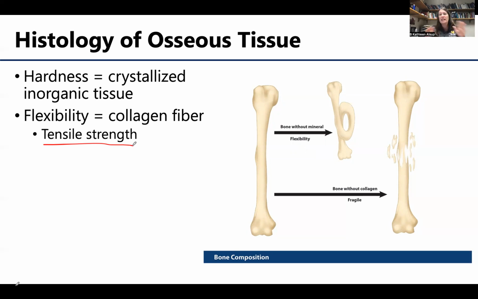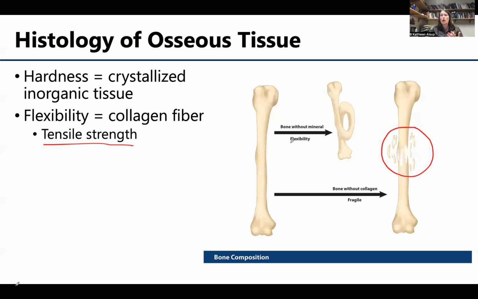If you don't have the proper amount of the organic material, you can have what's referred to as brittle bone. And that is much more likely to shatter or have certain fractures associated with it. So if you don't have enough collagen fibers, that can be pathological. If you don't have enough hardness associated with the inorganic tissue, that can lead to over flexibility.